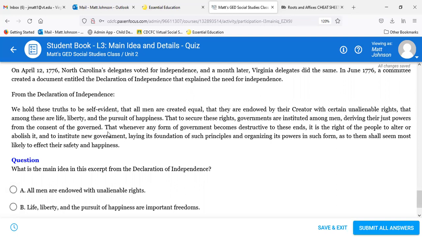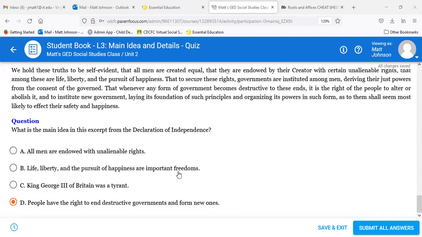We know Declaration of Independence as a title, right? Number 1 was C. But D for number 4 here, that's the main idea, that people have the right to end destructive governments and form new ones. They can seek independence.